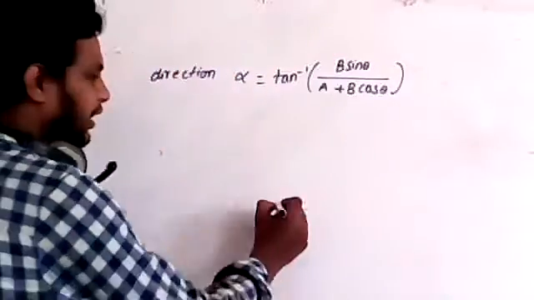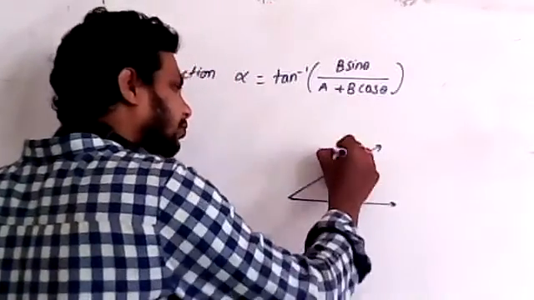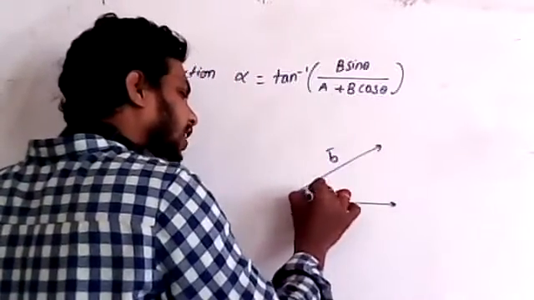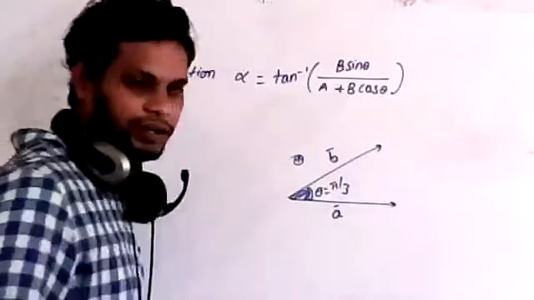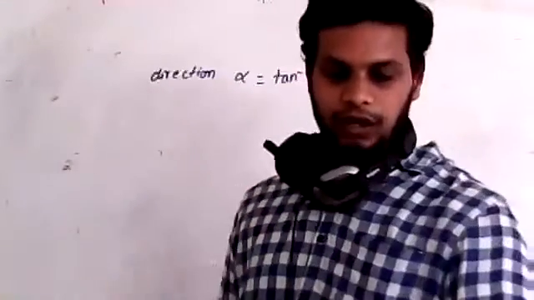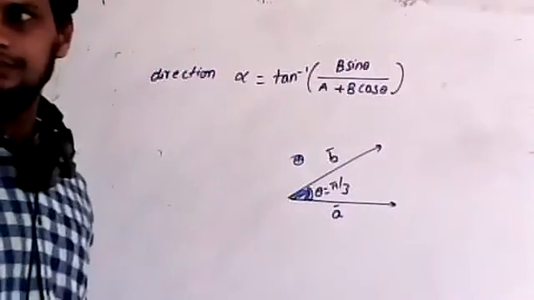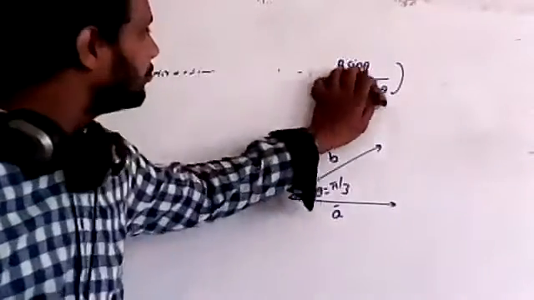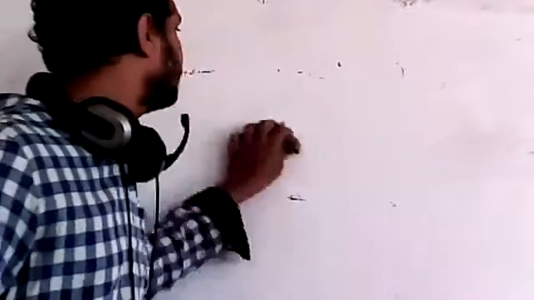A value is, for example, A bar, and B value is B bar. Now what is the angle theta? Theta is equal to pi by 3. You try to solve it as homework. If you can't, I will send you the solution and explain.